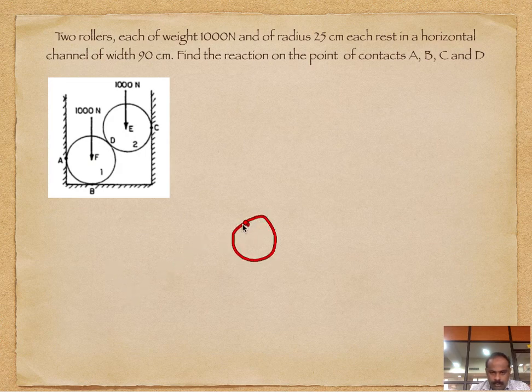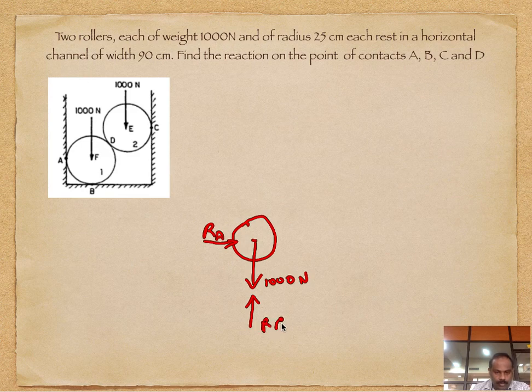You have the roller, this is the center of the roller. You have a reaction force from A, which is called RA. You have a self weight acting downwards, 1000 Newton. You have a reaction force acting upwards, RB. You have a force acting from the other ball, again a reaction force, RD.